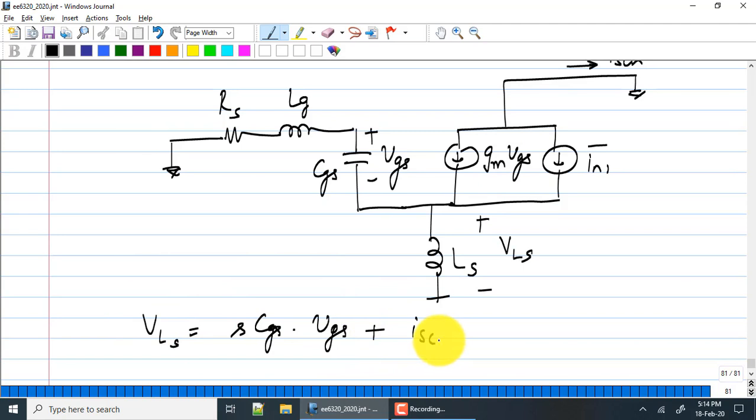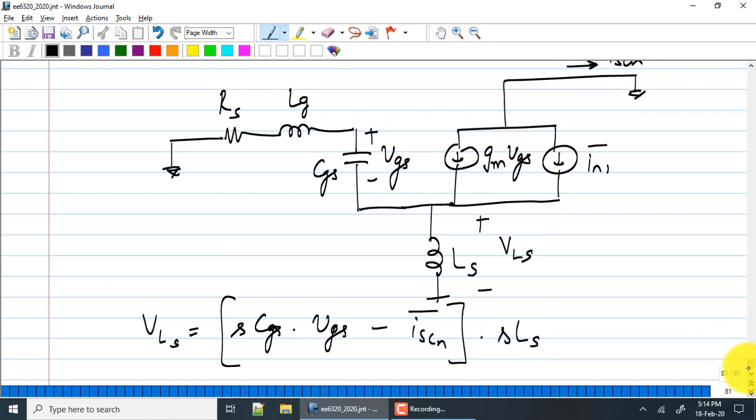Plus, in this case, it's minus ISCN, because of the direction, we have taken the direction outwards. We have taken the short circuit current flowing out into the short circuit. So the reverse current is minus ISCN. Sum of those two will be flowing through LS. So this times SLS. Agreed?